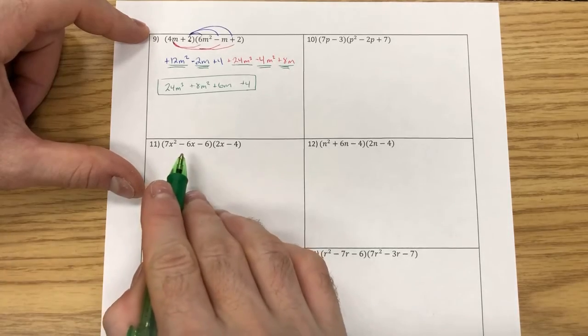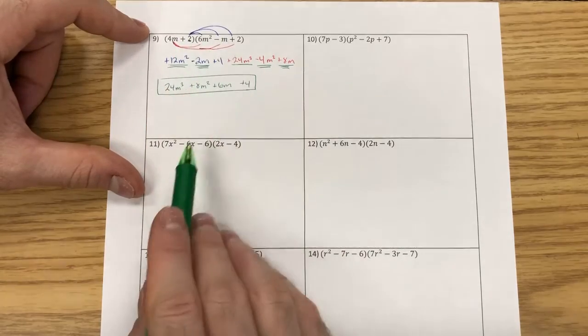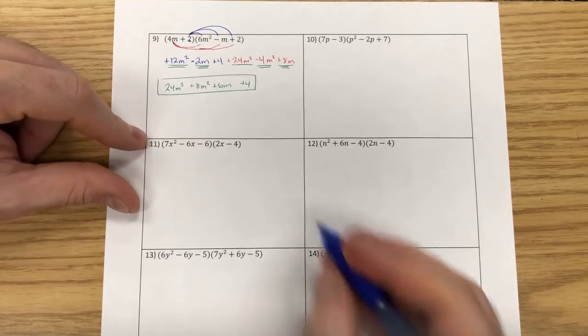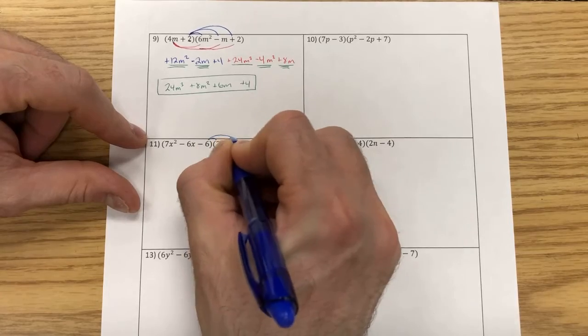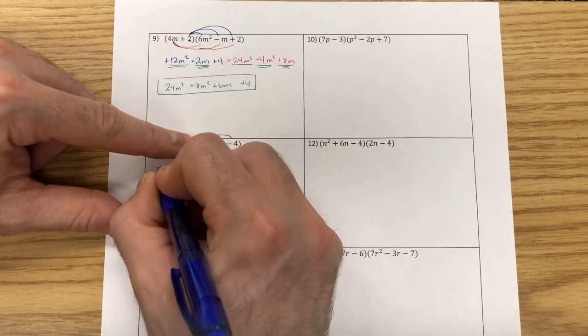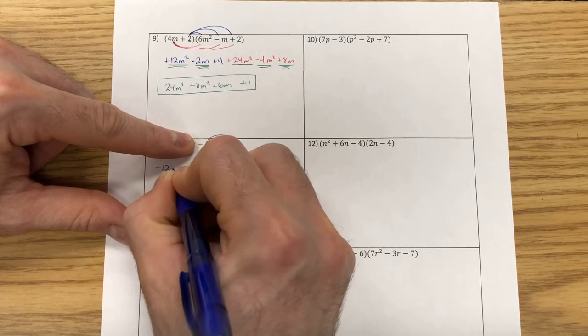The same thing applies to this. This was a 2 by 3. This is going to be a 3 times 2. So let's see how that would work. Well, a 3 by 2, I'm going to distribute my negative 6, which gives me a negative 12x plus 24.